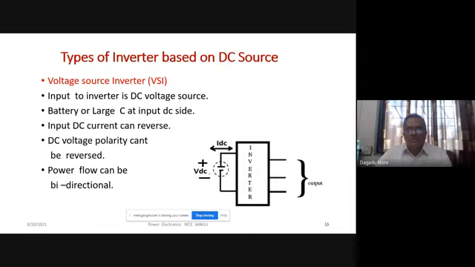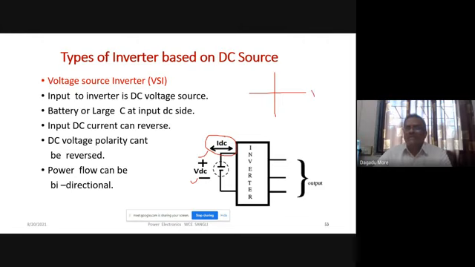In the case of the voltage source inverter, it is very important that the DC voltage polarity remains constant, whereas the direction of current can be bidirectional. So this particular inverter always works in two quadrants. Depending upon IDC and VDC, if you plot it, IDC can be positive or negative and VDC will be positive.